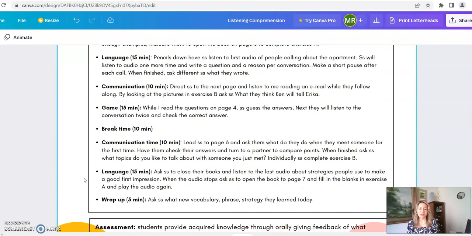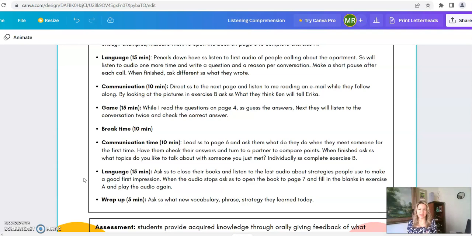Next, we're going to have language time again, 15 minutes, and ask students to close their books and listen to the last audio about strategies people use to make a good first impression. It is very important to have students focused on what they are listening to, no distractions.